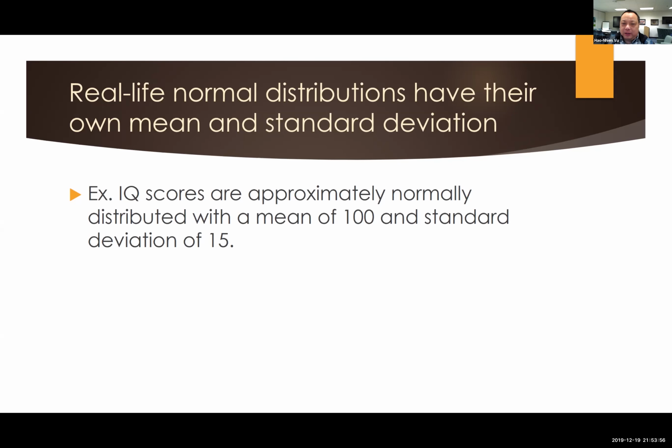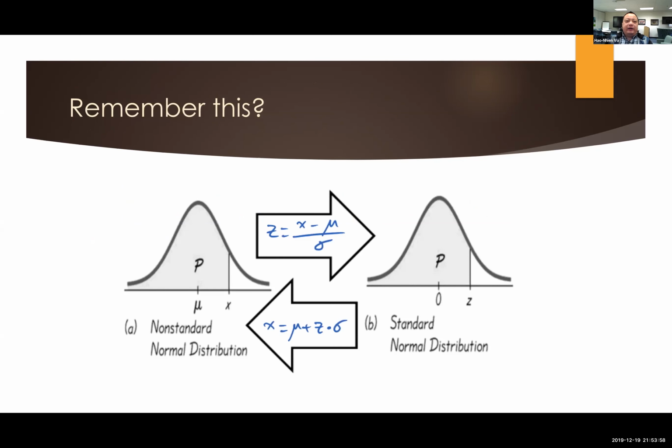Well, we talked about this before. Remember this diagram, it says if you start with any normal distribution and we take the z-score of it, you end up with the standard normal with mean of 0 and standard deviation of 1.